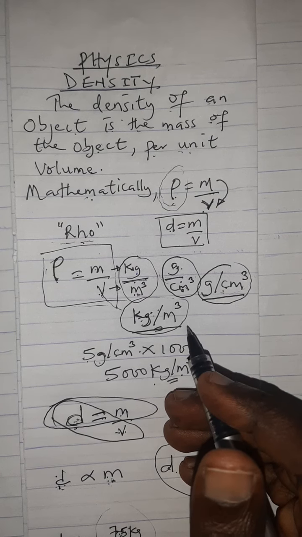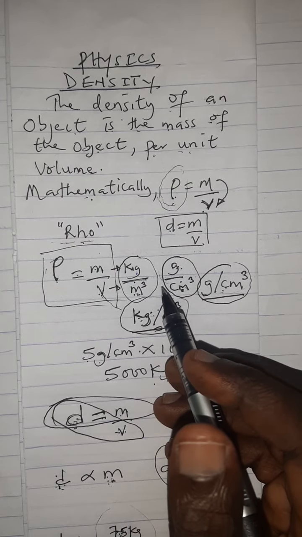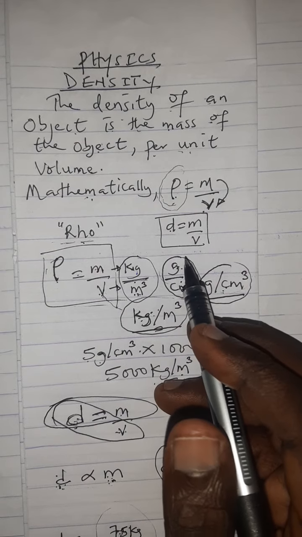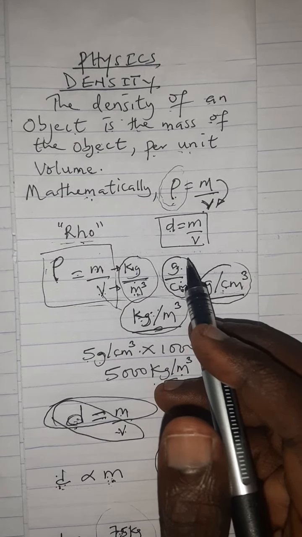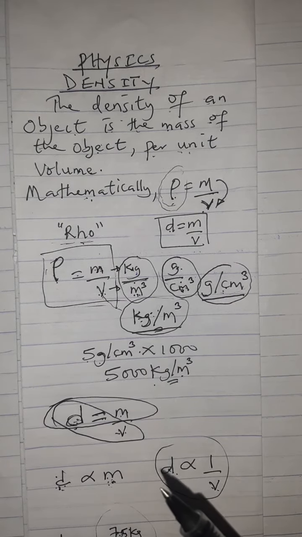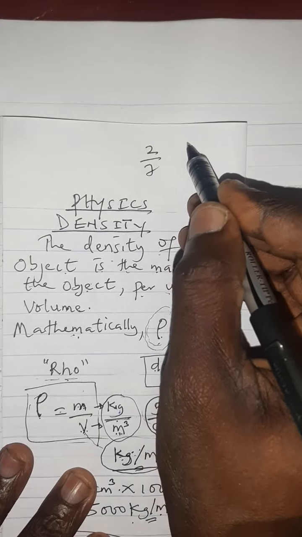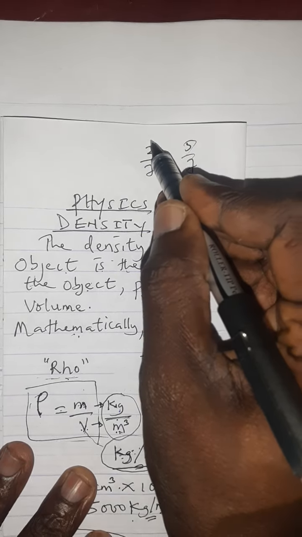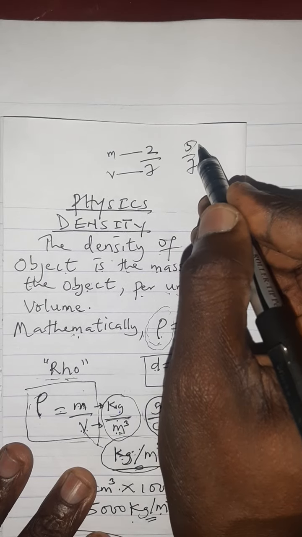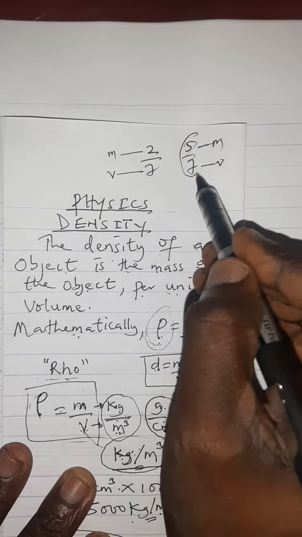What brings about that thickness is actually the mass of that particular object, because for density, if we are looking at a particular material, we are trying to get the mass and the volume of that material. But the more the mass of that material, the more the density. Simple. Under your fractions, if you have 2/7 and 5/7, and we say the 2 represents the mass and the 7 represents the volume, and in the second fraction the 5 represents the mass and the 7 the volume, we know that this fraction is bigger just by looking.